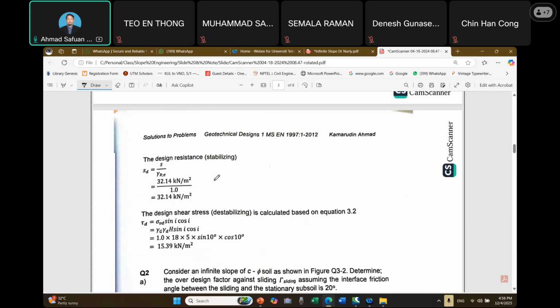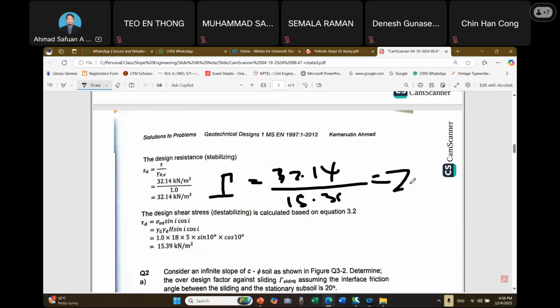To get the overall design factor, 32.14 over 15.39, the factor is equal to 2.1. So both of the combinations comply with the EC7.